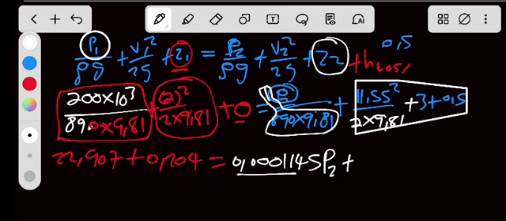Let me start by this. We have 6.799 plus that plus this 2 would be plus 3.5. Yeah, it's 3.5, it cannot be 3. So that is what we have.